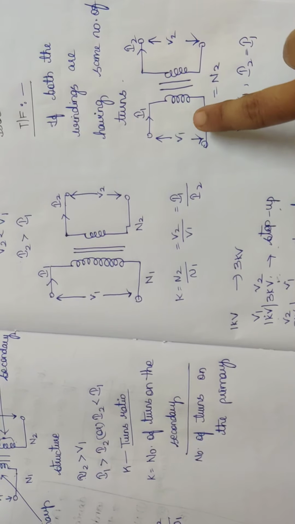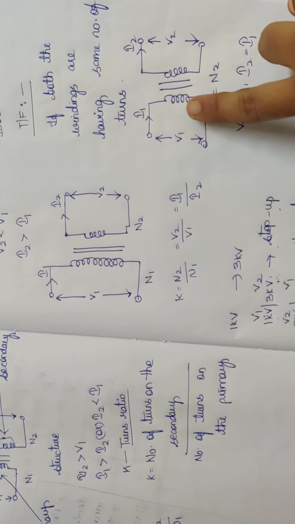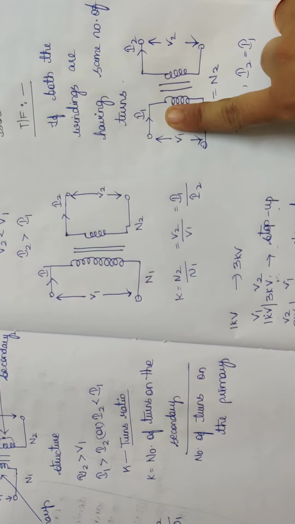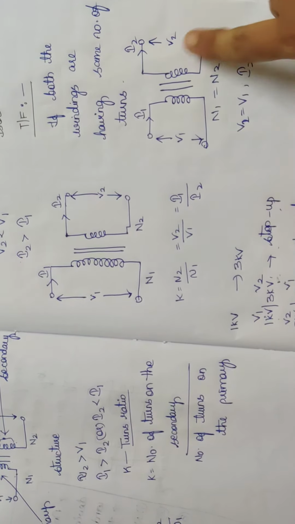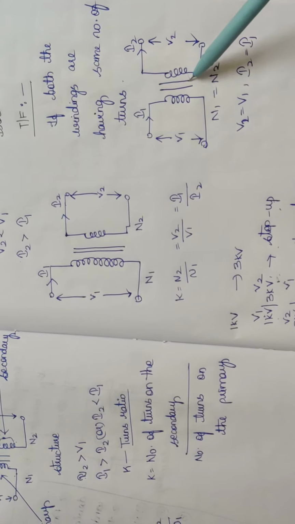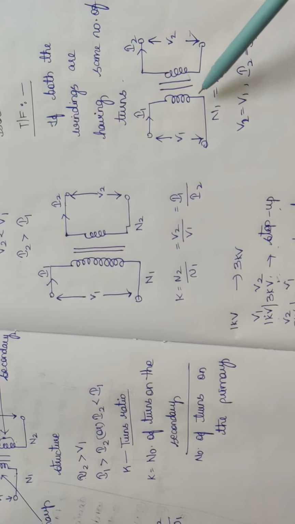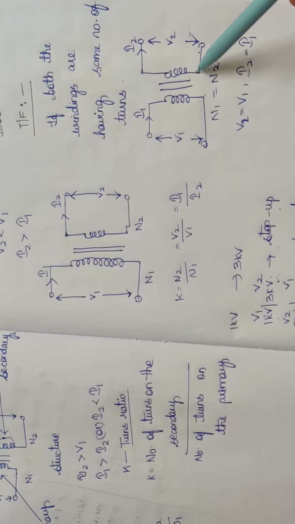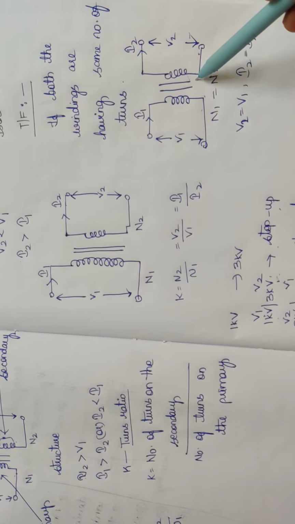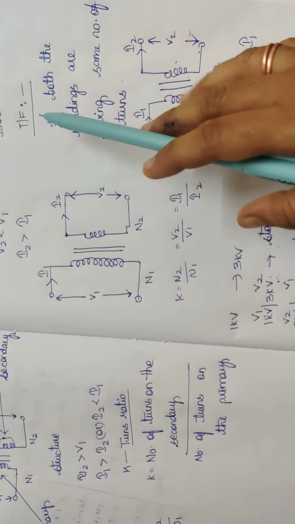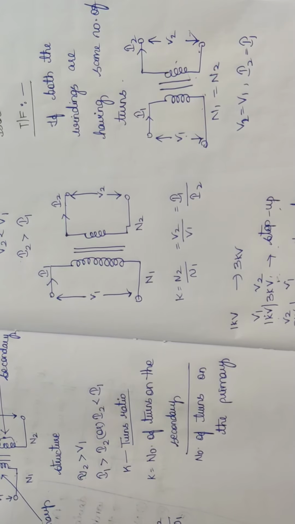So when we need two circuits where whatever voltage you have here, the same voltage should be present here, then we will use this transformer. Both windings are electrically separated. Where we want to isolate these two circuits electrically, where input and output are the same, we will use this isolated transformer.